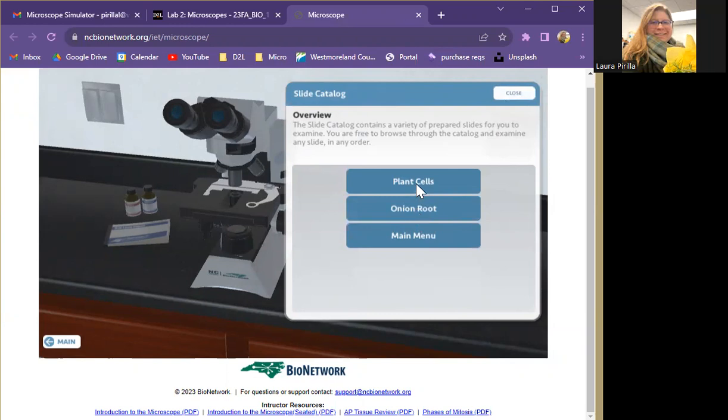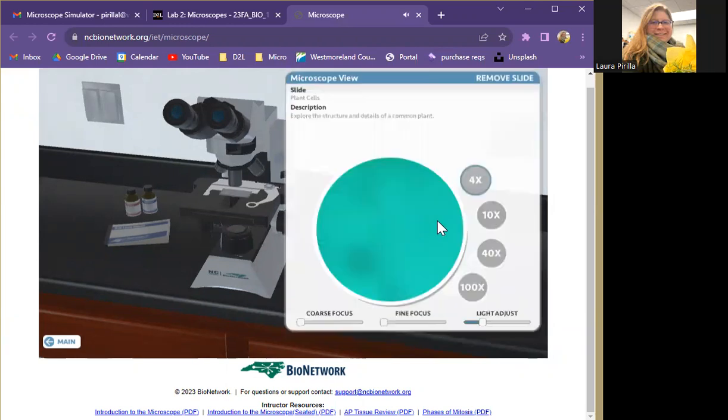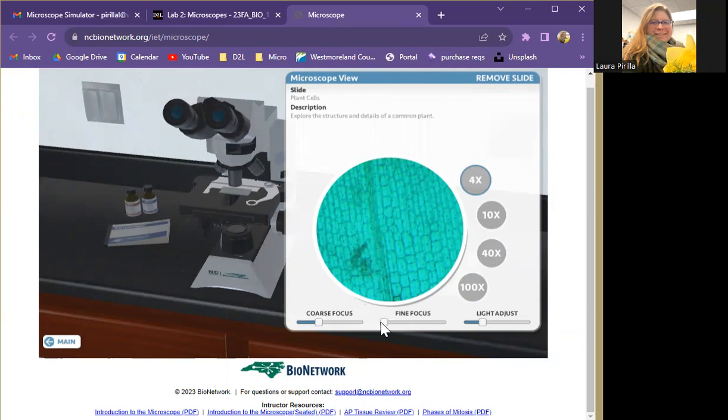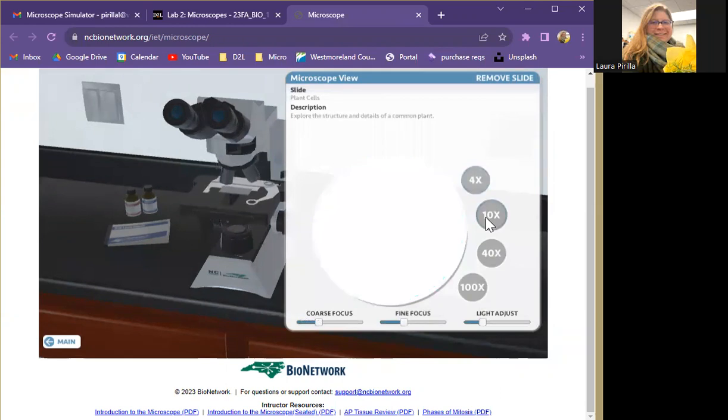Let's do plant cells. All right, we're at 4x objective and we're going to focus it. Hey, look at that. Looks like little rectangles. We're going to focus it, and let's go up to the 10x.